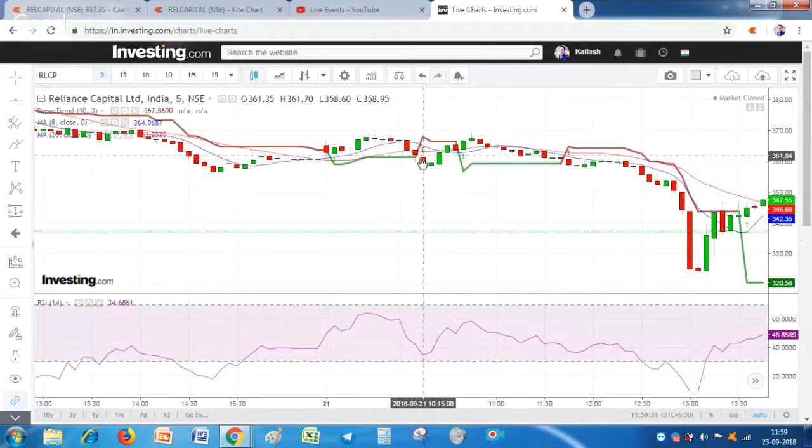With this signal I gave a sell entry, and I told to sell it up to the 365 level, from 360 to 365, with a stop loss of 369. The stock moved to this level and broke our stop loss. The stop loss was hit by just 25 points as per this chart. See what happened after that.